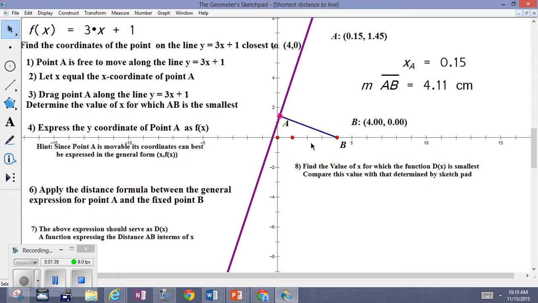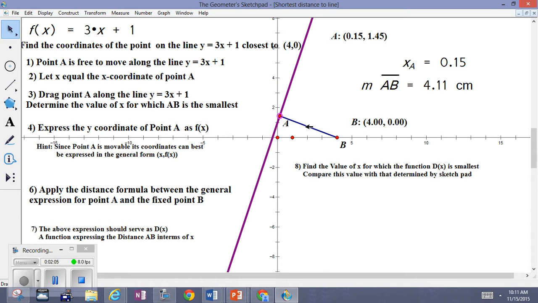Previous problems told us that the minimum distance is obtained by determining the equation of a line AB which is perpendicular to the given line 3x plus 1. Its slope would be negative 1/3.